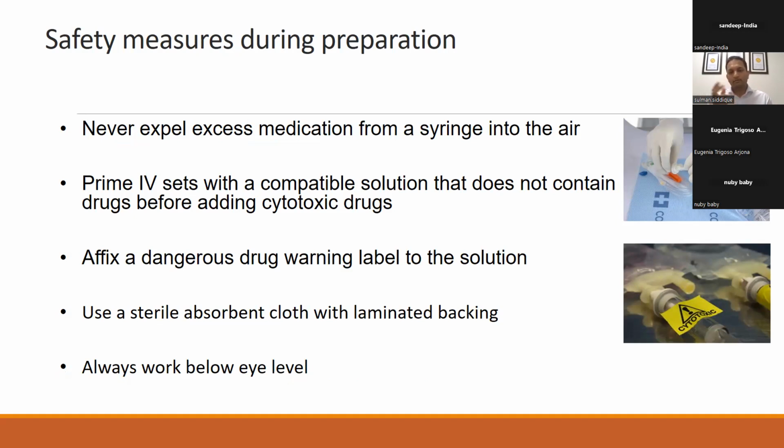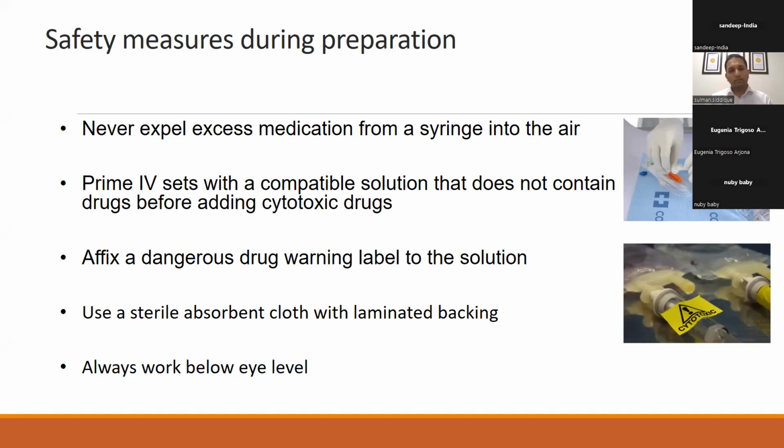Usually, when it's not chemotherapy, you can waste a little bit if it's extra. But this should be discouraged when it comes to chemotherapy. You should never expel the excess medication into the air. It should be within the container or the vial.